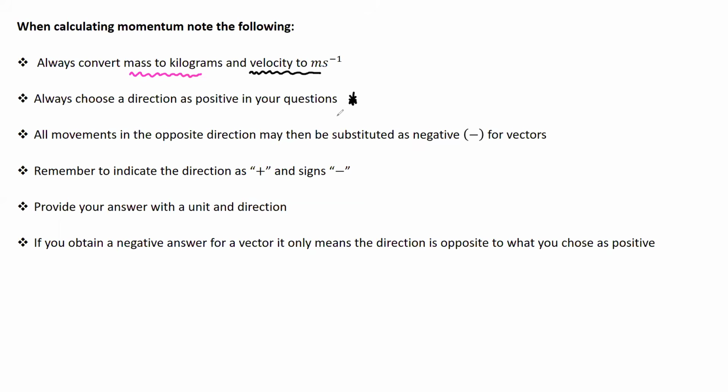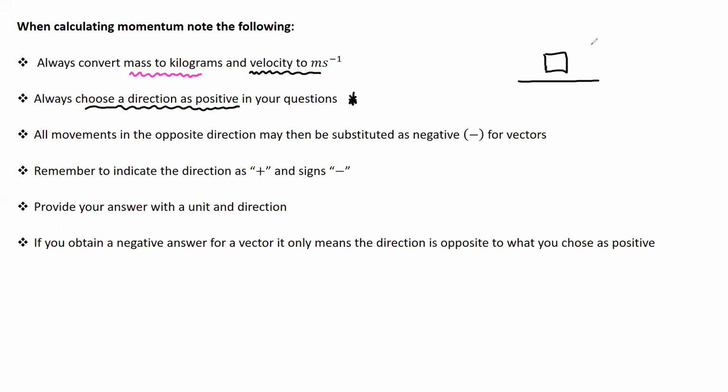Secondly, because momentum is direction sensitive, when dealing with questions, always choose a direction as positive. So whatever question you may have, always choose a direction as positive. Say for an example, the object is moving to the right.